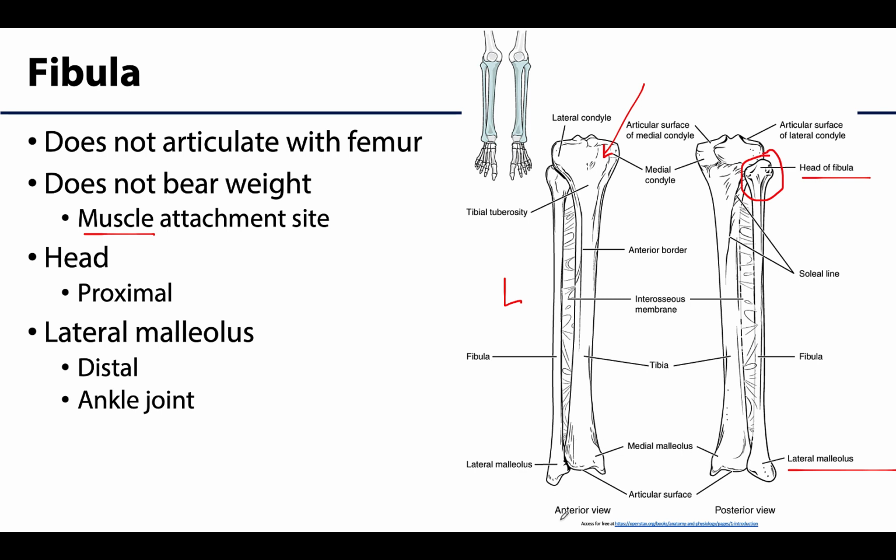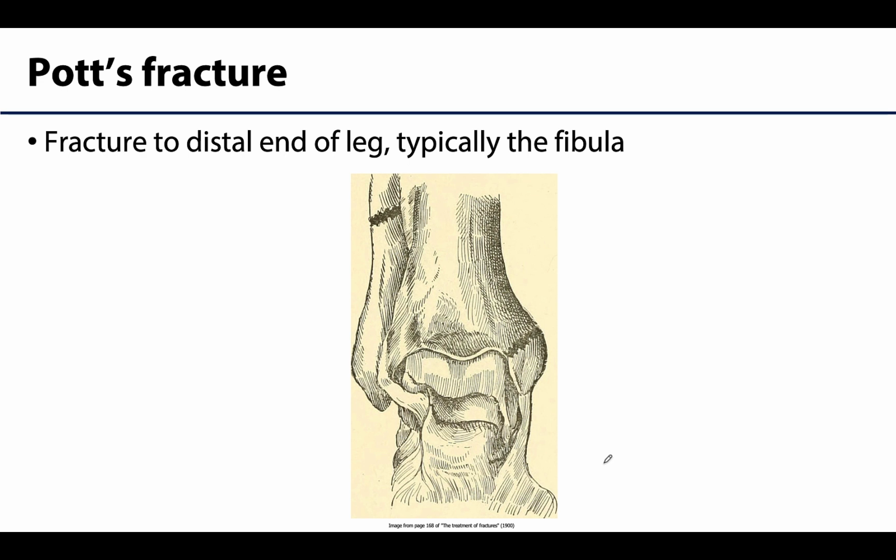And I like this image of the anterior view here. If you feel the lateral side of your ankle joint, you're feeling your lateral malleolus. You can see that it extends a little bit more distally than the medial malleolus, and you can feel that on yourself. You can have a fracture to the distal ends of these leg bones.